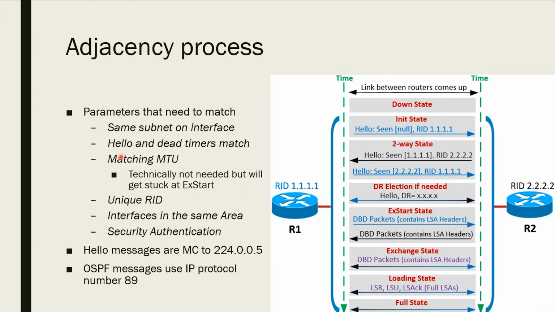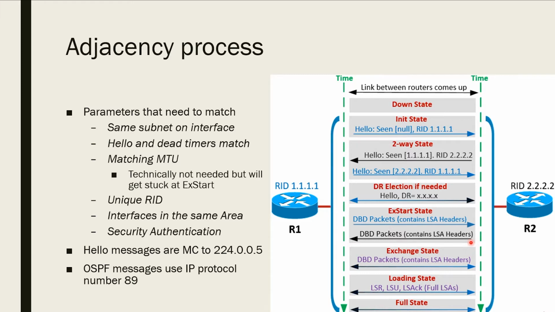I have mentioned here matching MTU. In theory, it isn't checked, but it is something highly recommended because when you get down onto these exchange states down here, in larger networks, what you can see is that those exchange packets will be a full MTU size.